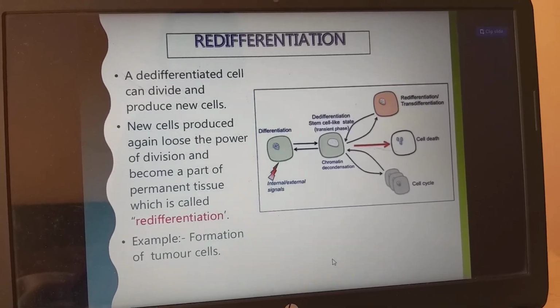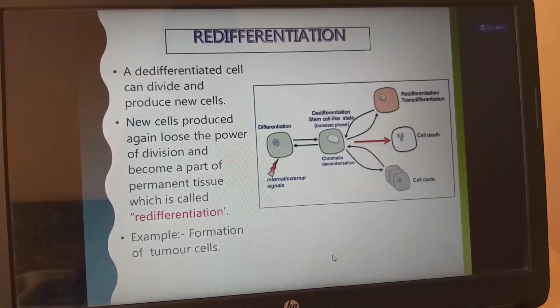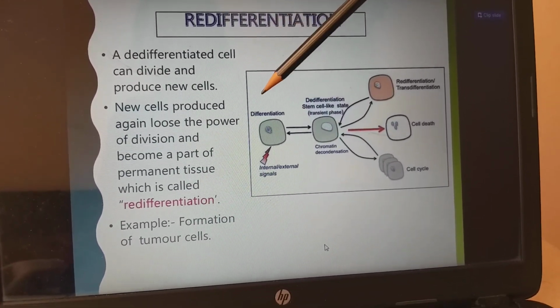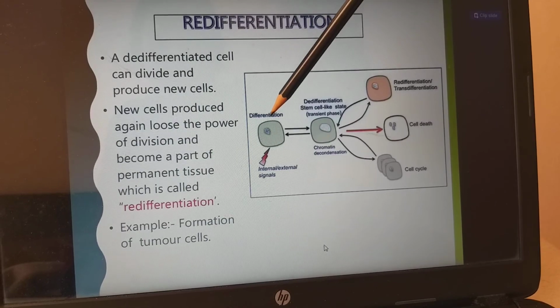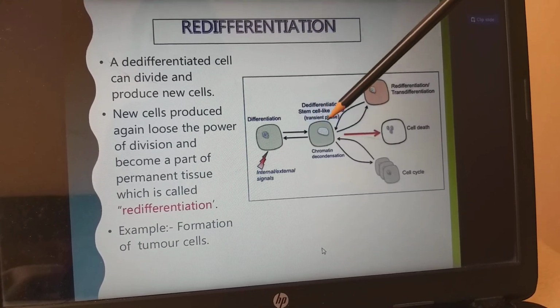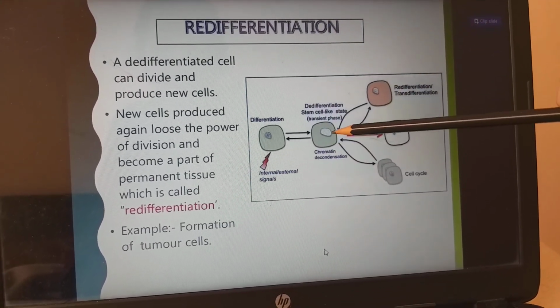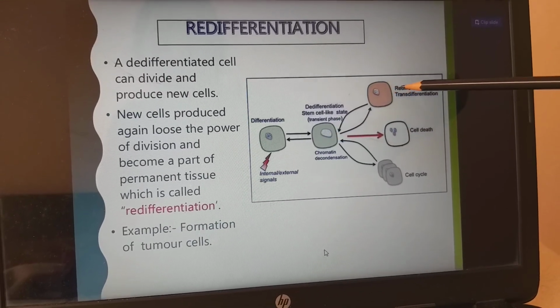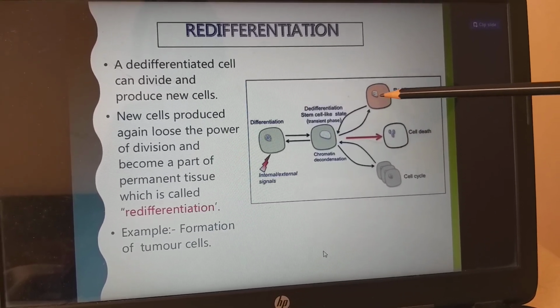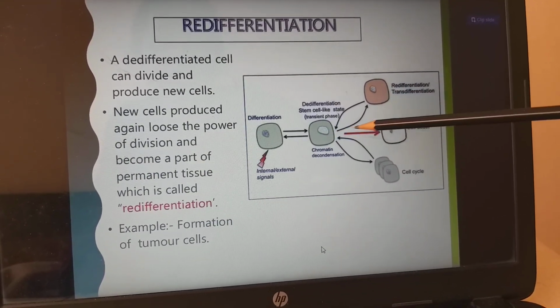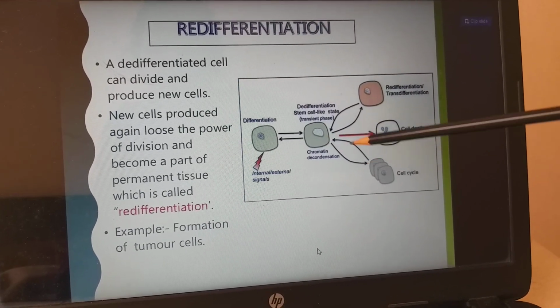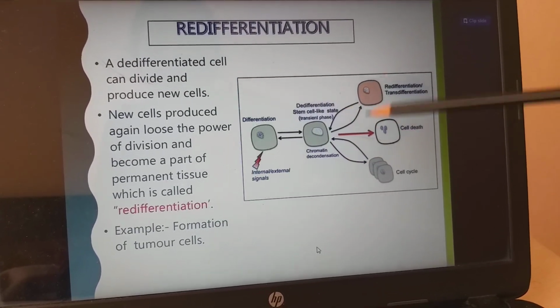For example, formation of tumor cells. So in this picture, this is the differentiation. From the differentiation, a stem cell like transient state has developed, which will undergo re-differentiation or transdifferentiation, or will undergo cell death, or will again enter the cell cycle.